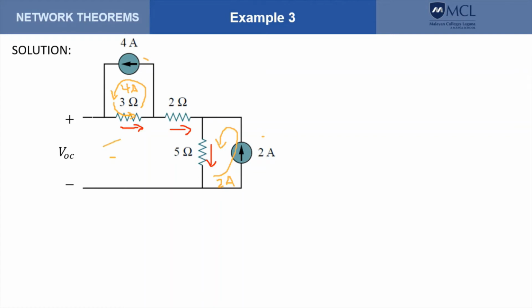There is no other loop current here, so the actual current through the 3 ohms would be the same as the loop current, which is 4 amperes.